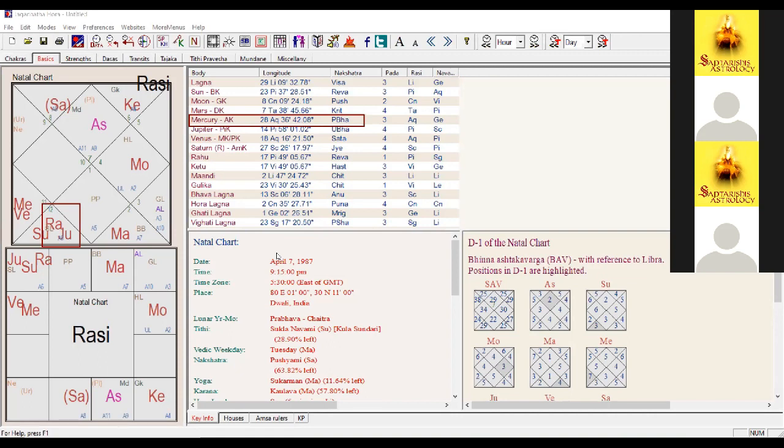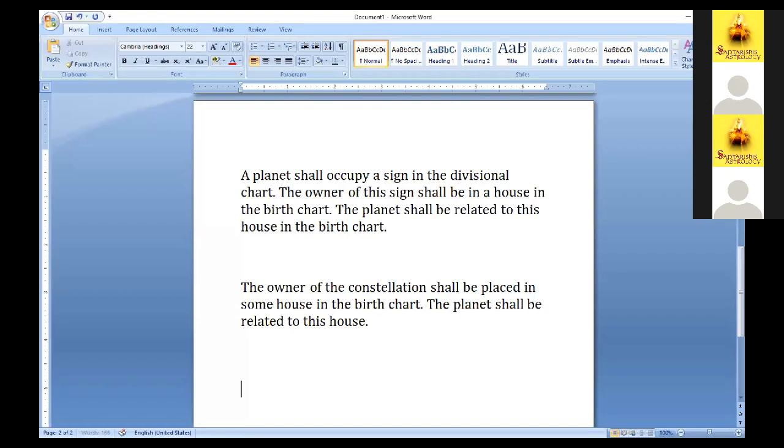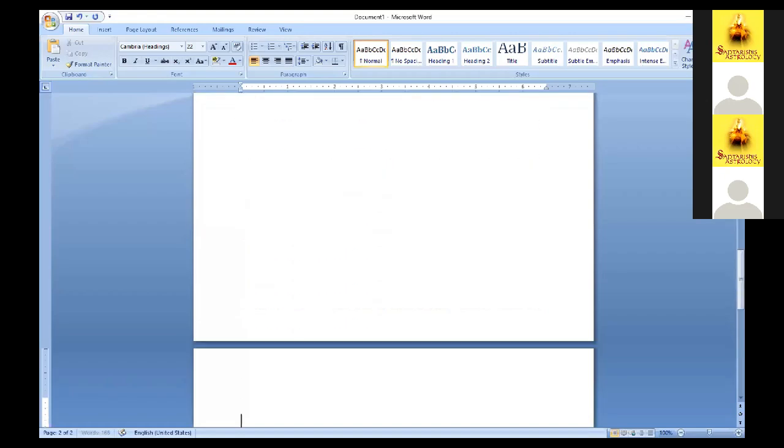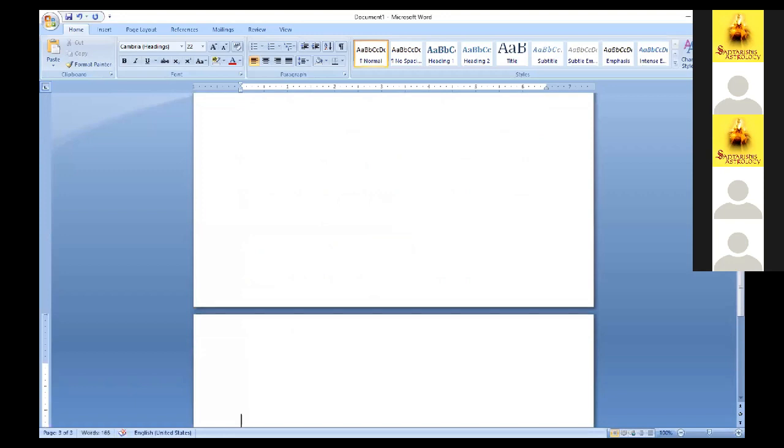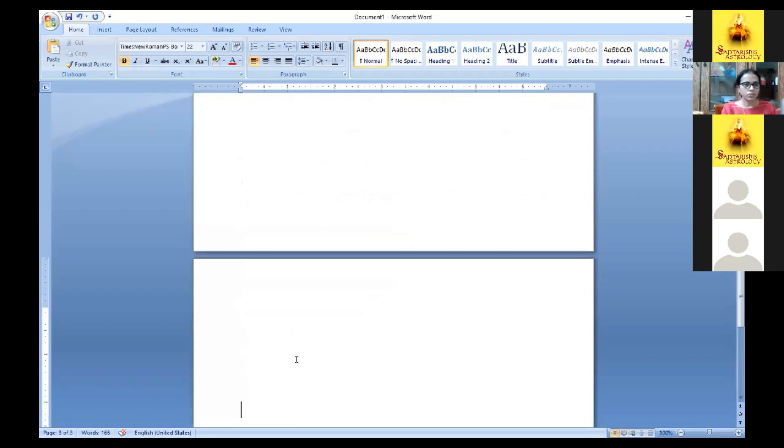Yes, so we are talking about the divisional chart. Just a second. Is my Word file visible? Yes, sir. Where are you discussing Shadvarga or Saptavarga? Okay, can I share about that?